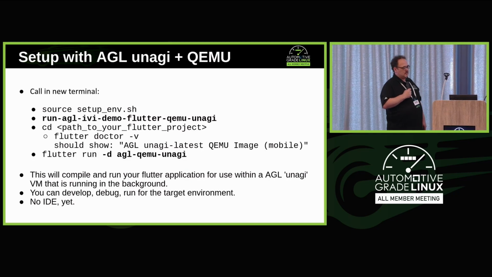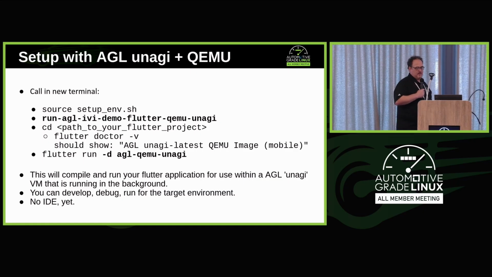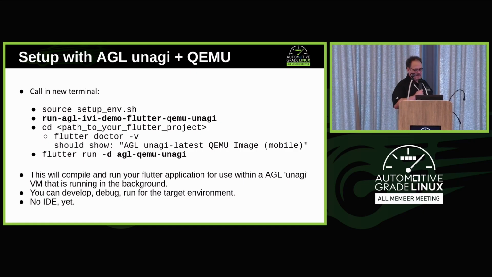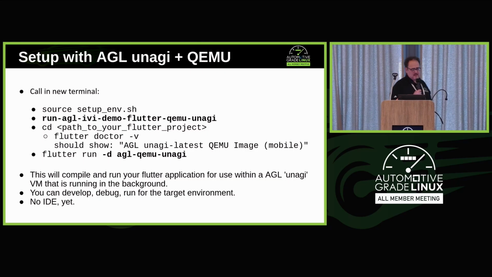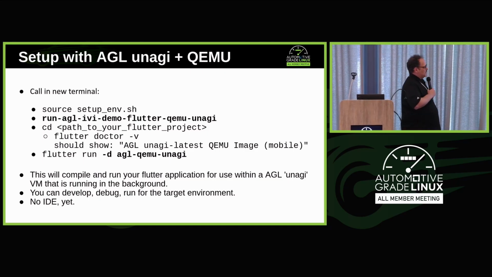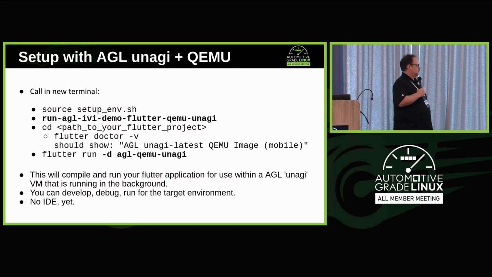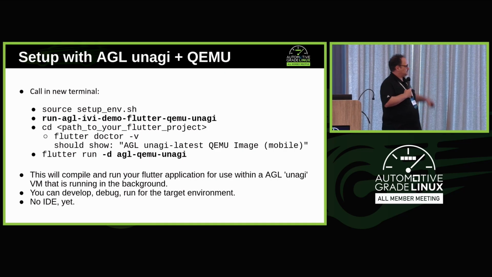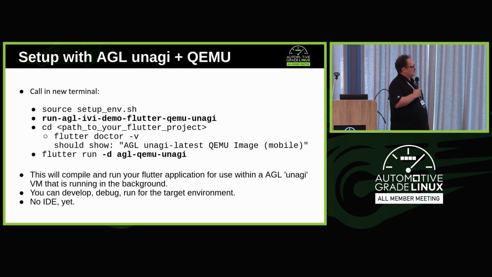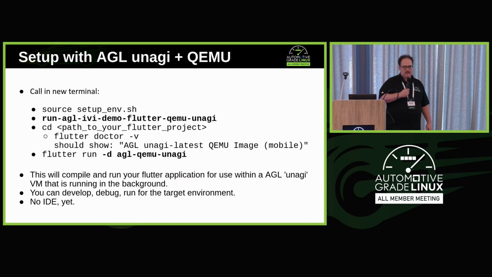Now, here's the example with a Unagi-based QEMU image. The main difference is that we configured the workspace with the enable flag. We start up the QEMU in the background, and then flutter run with -d agl-qemu-unagi.